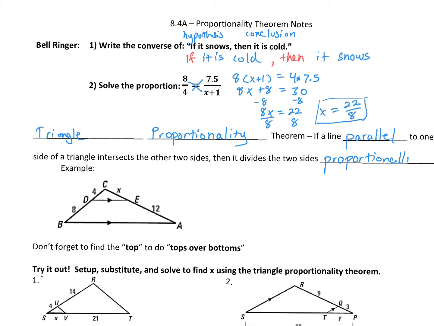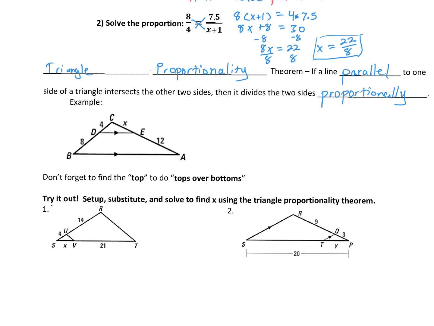We have seen this triangle in our assignments, and every single time we have seen it proven similar, the small one similar to the bottom one. So don't forget to do the top over the bottoms.